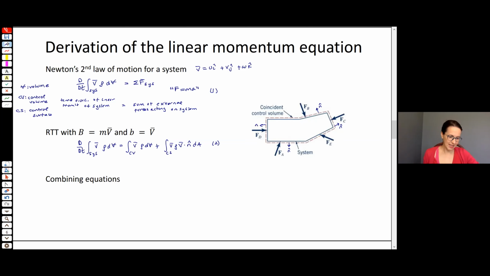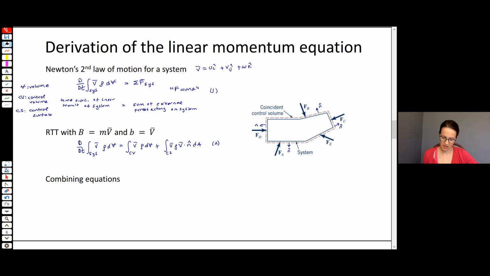So what does this say? It says the time rate of change of the linear momentum of the system is equal to the time rate of change of the linear momentum of the contents of the control volume, plus the net rate of flow of linear momentum through the control surface. That's what these three terms represent.